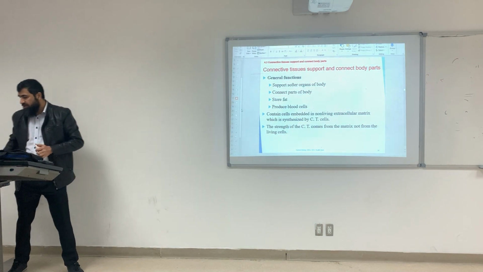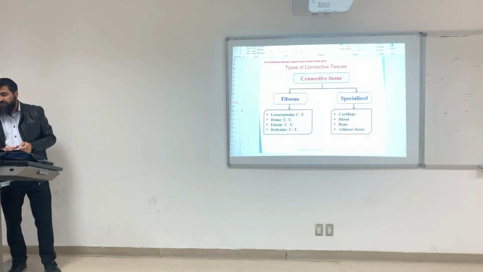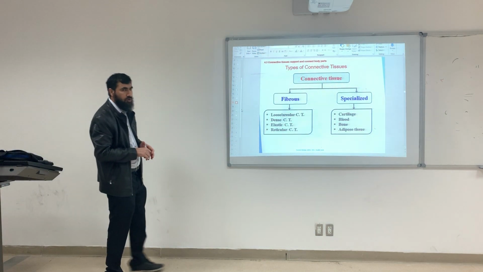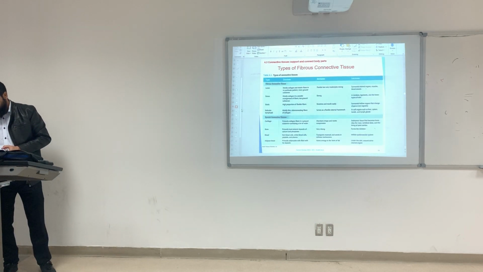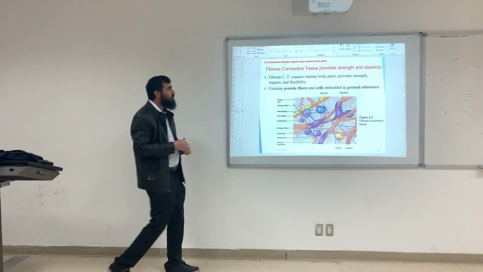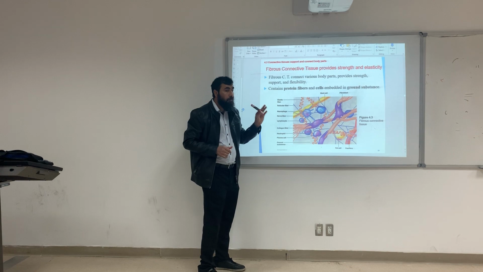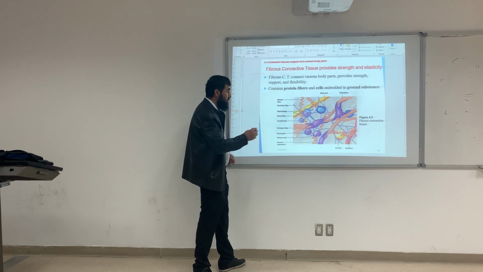So we move on to the connective tissue, okay? We have different types of connective tissue, so I'll go through each one of them. In fibrous connective tissue, make sure you know the components.